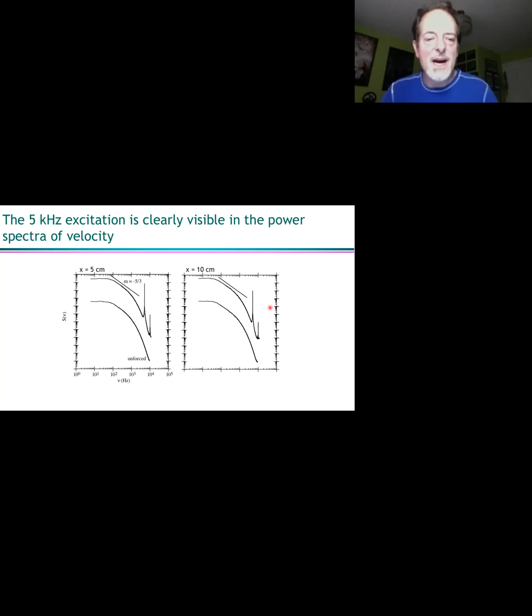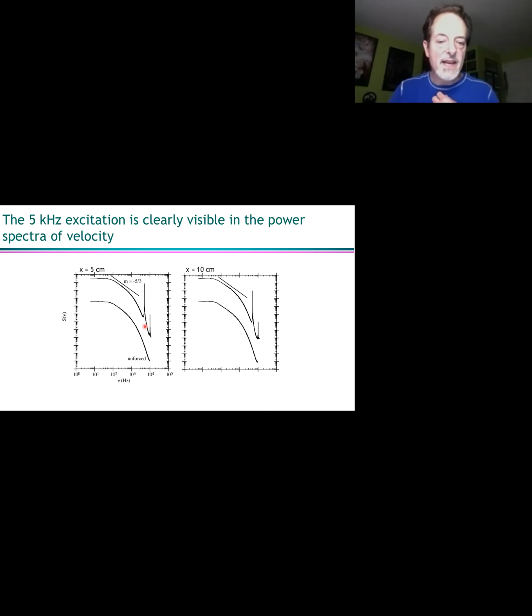I'm going to skim over this a little bit, but this is called a power spectrum. What you do is you take the time sequence of velocity, you do a Fourier transform of it, and you plot it. This is the power spectrum of velocity as a function of frequency in Hertz, and this is basically just the turbulent kinetic energy.